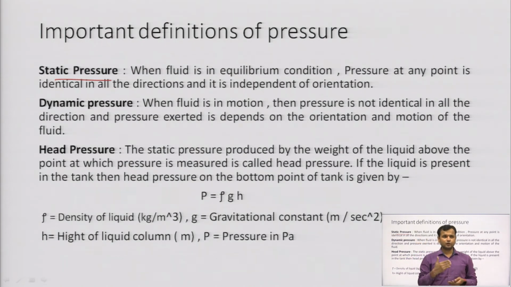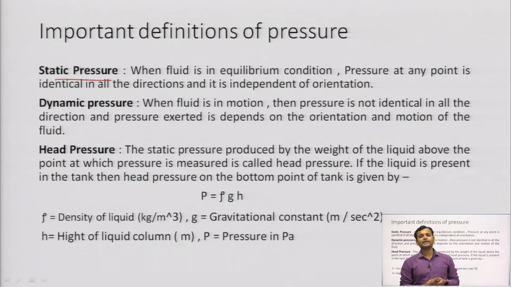Now, when we talk about dynamic pressure, it is just the vice versa of static pressure. The technical definition of dynamic pressure is: when the fluid is in motion, the pressure is not identical in all directions, and the pressure exerted depends on the orientation and motion of the fluid.